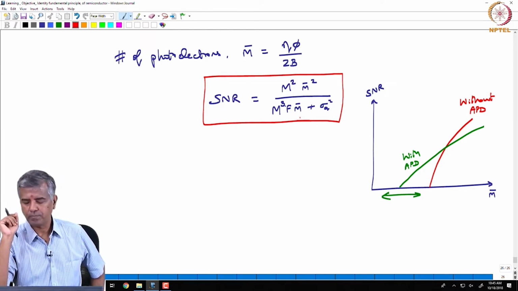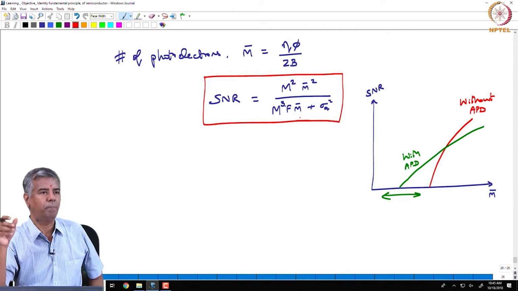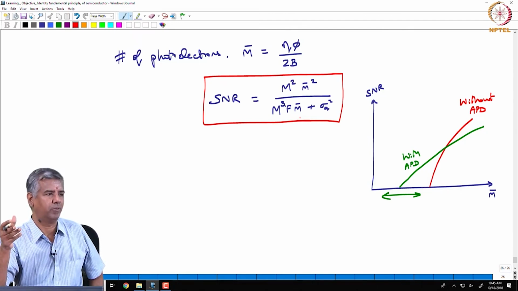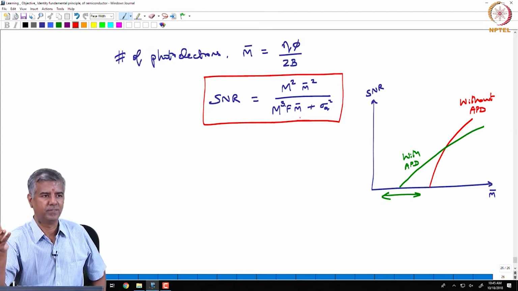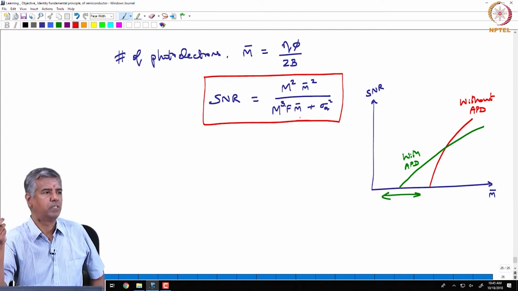Okay. Now, of course, you would say I can use an APD in all my applications and just change the bias voltage, because if I keep my bias voltage low, it acts like a PIN photodiode. So, I can determine where I operate. That is one thing you can do, but for the fact that an APD is more expensive than a PIN.